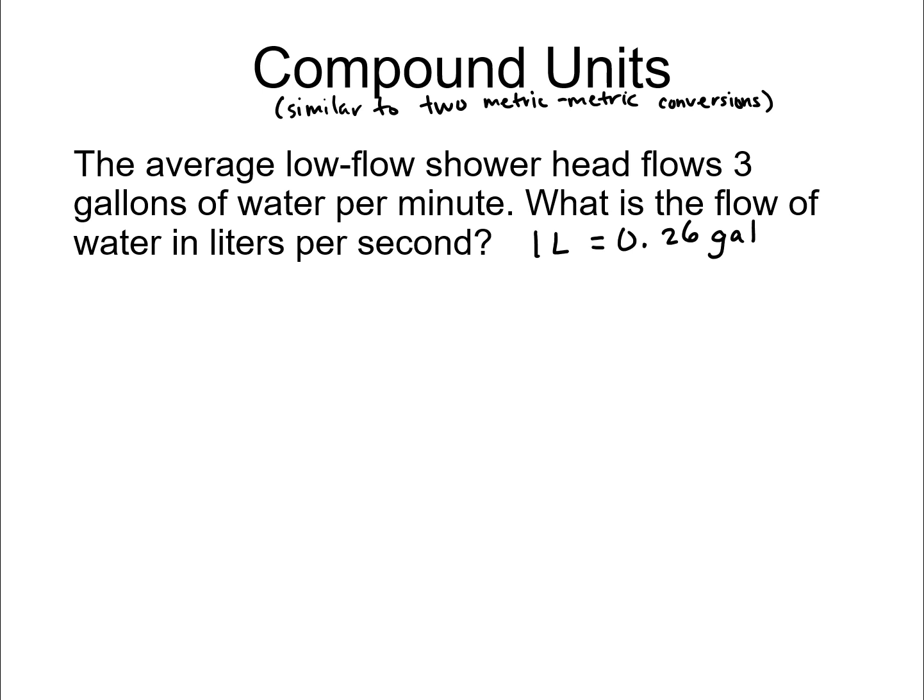We've got 3 gallons per minute. This is compound units, all right? Kind of like miles per hour or kilometers per hour. Those are compound units. And what we need to do is figure out what that means in liters per second. So we're changing the gallons to liters and the minutes to seconds.